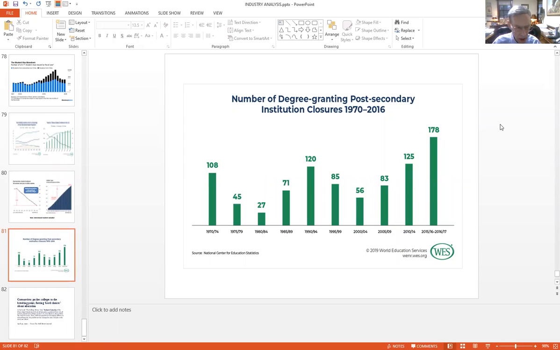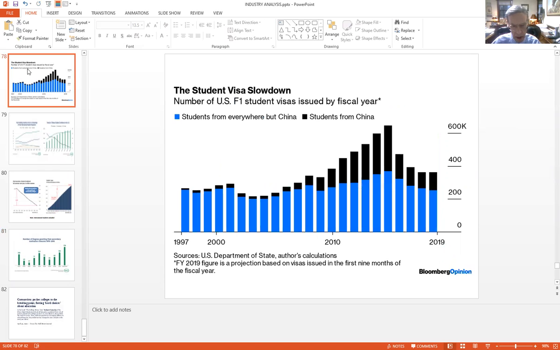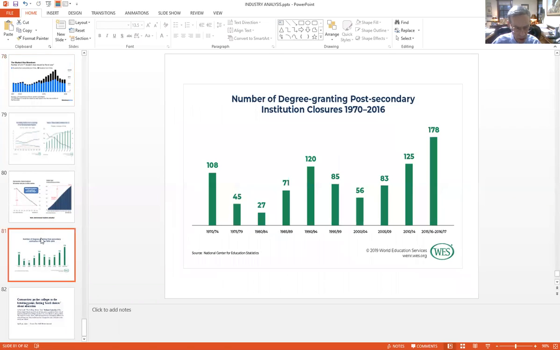As a result of what we looked at here, with the loss of foreign students, and also the high cost of education, lo and behold, we can see that the closures of colleges in the United States are increasing. And this year, during the coronavirus, I would expect that we'll see even more.